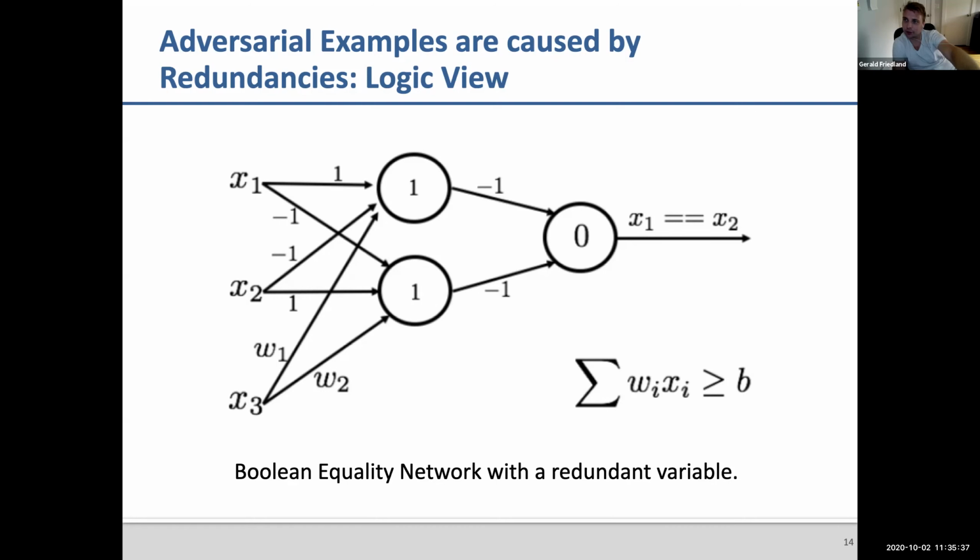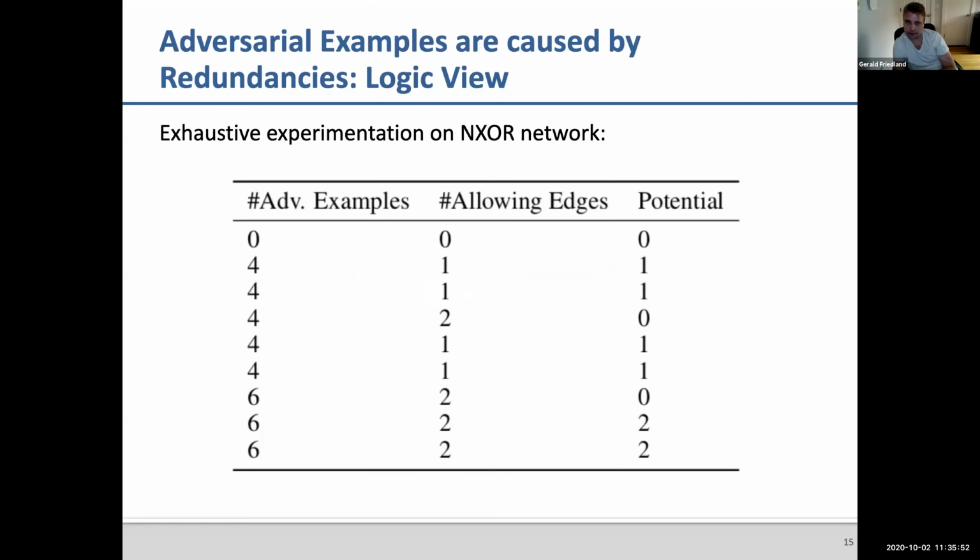Is the comparison disturbed in some way? Is x1 not equal x2 because of it? Because again, x1 equals x2 has nothing to do with x3. But we just add that for the academic sort of playground example.